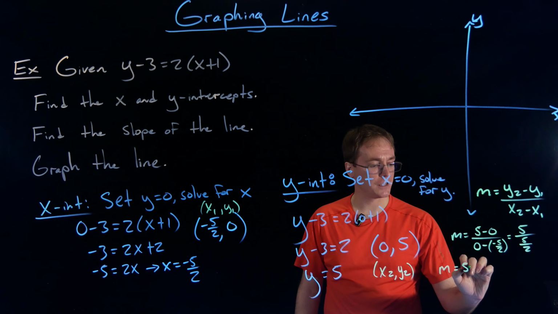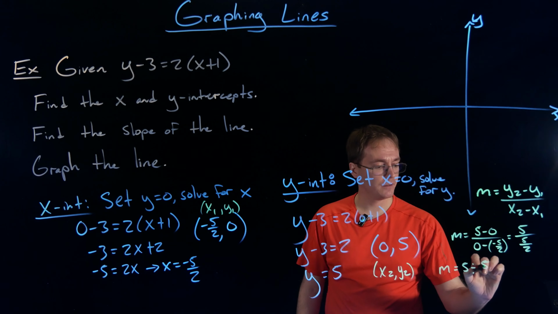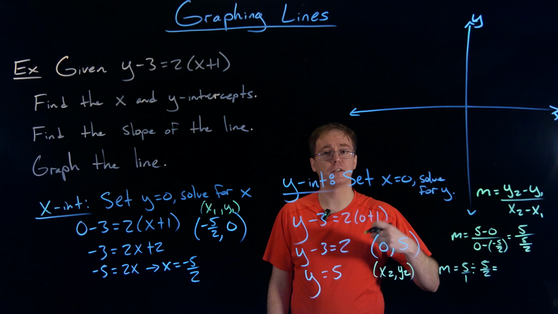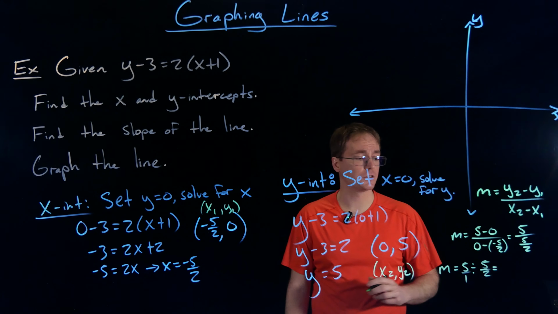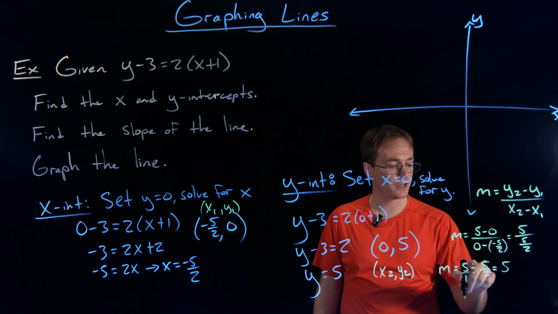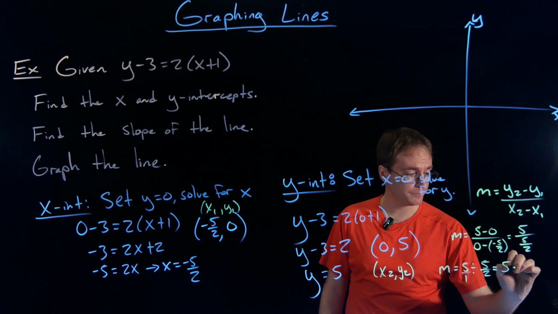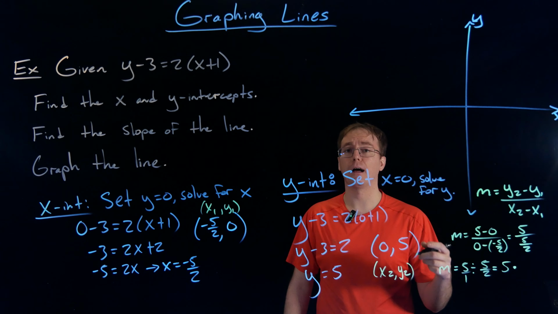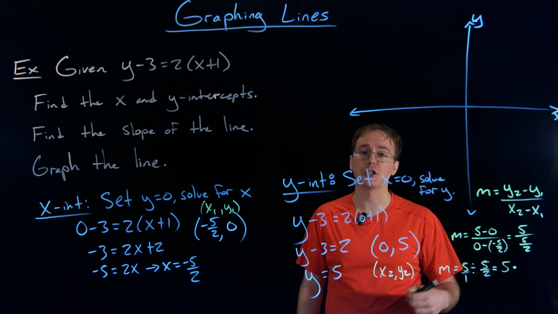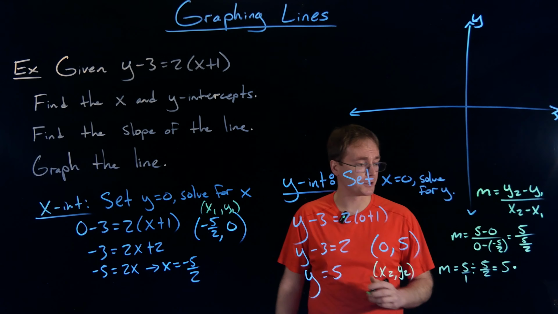And so we can think of this as 5 divided by 5 halves, or 5 over 1 divided by 5 halves. And then the trick to remember when simplifying these complex fractions is instead of dividing by that second fraction, we can always instead multiply by the reciprocal of that second fraction, or the reciprocal of our divisor.